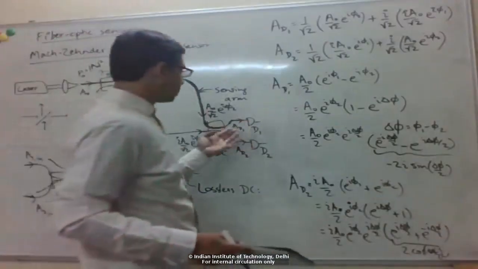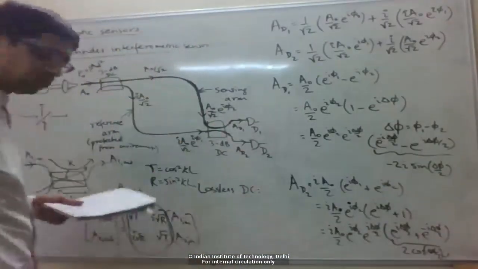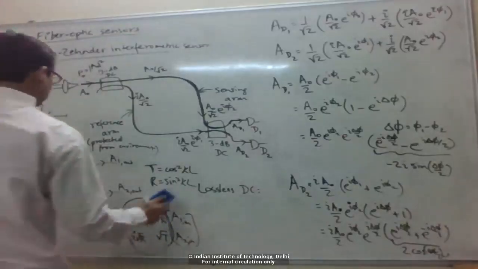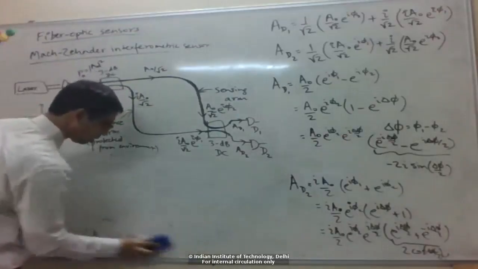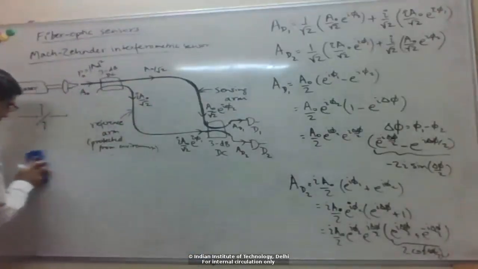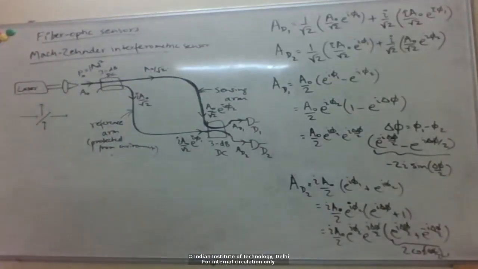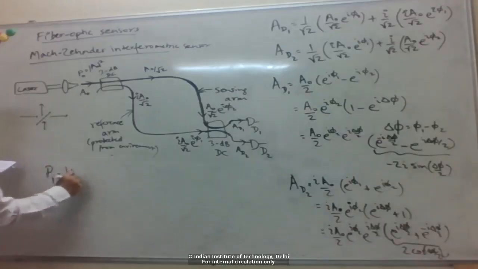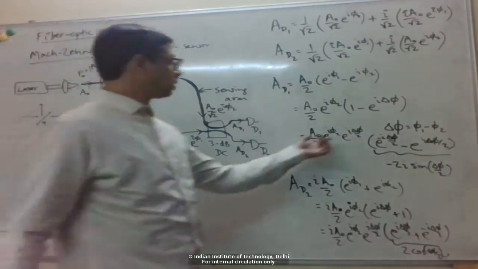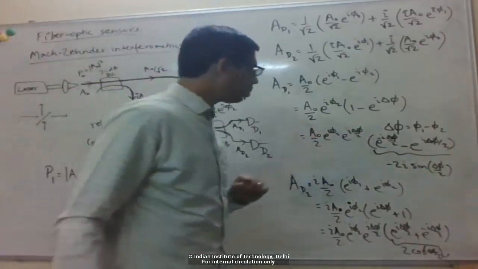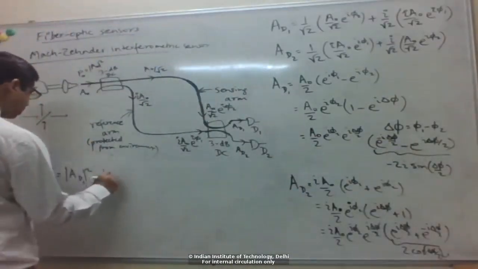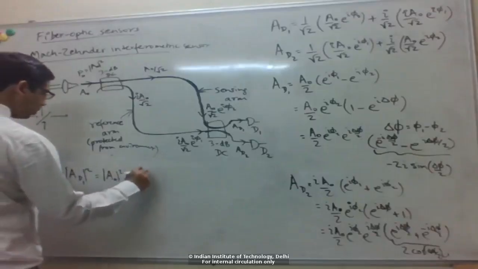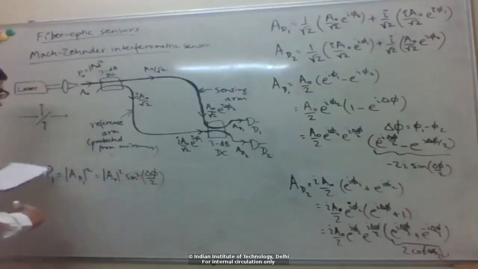And finally from the detectors we measure the power, so we take mod square. So the power in detector 1, mod of A_D1 squared, these phases go away, so we get mod of A_0 squared times sine squared of this phase difference by 2.